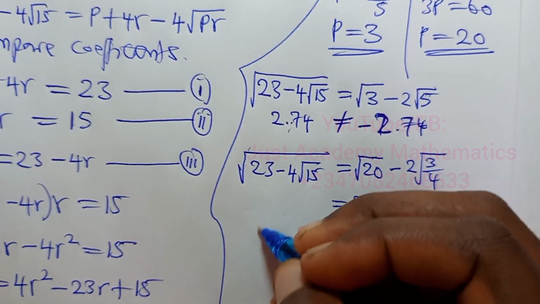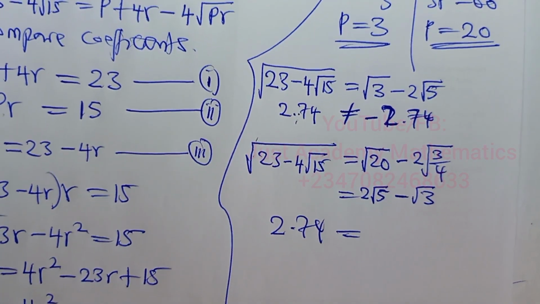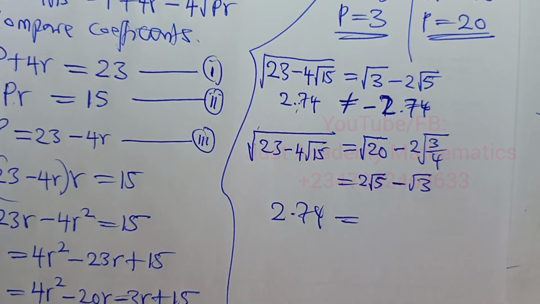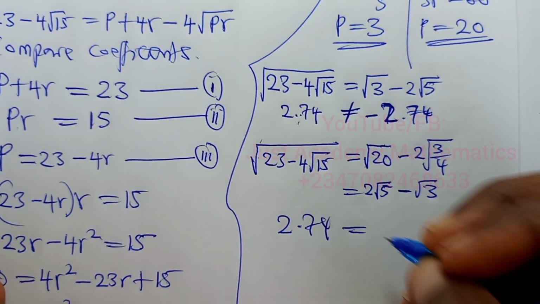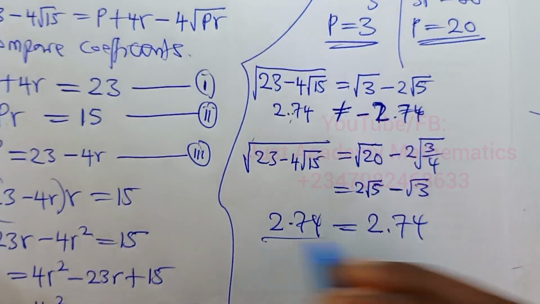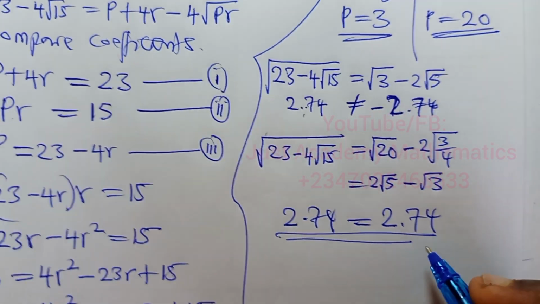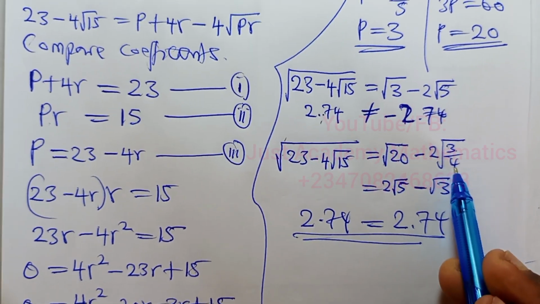Let's check this one. This one is already 2.74. But let's check this now: 2 root 5 minus root 3. This one will give us the same thing as 2.74. So the one that is the same, that corresponds to the original equation, is 20 and 3 over 4.